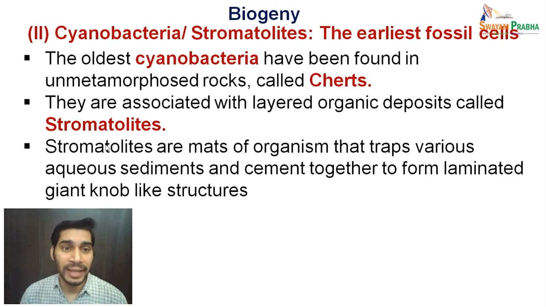So these stromatolites are mats of organisms that trap various aqueous sediments and then they cement together to form laminated giant knob-like structures. So, the earliest cyanobacteria which have been recorded so far were found in the form of these stromatolite structures.